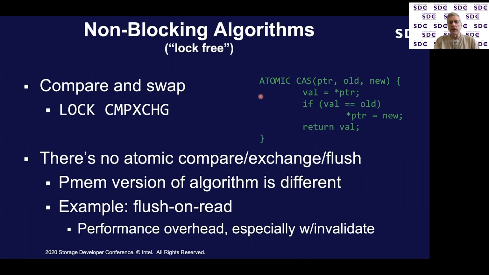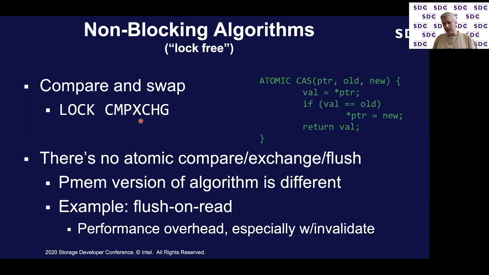The problem with persistent memory is, if that value that you're doing the lock compare exchange on lives in persistent memory, well, there's no instruction that does an atomic compare, exchange, and flush, right? So that's kind of a problem because now you've got this algorithm that you wrote for volatile memory.